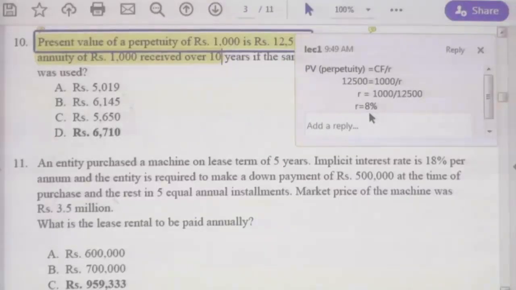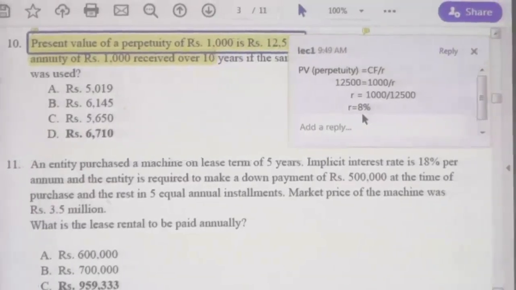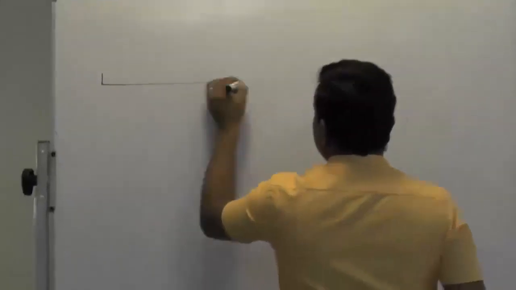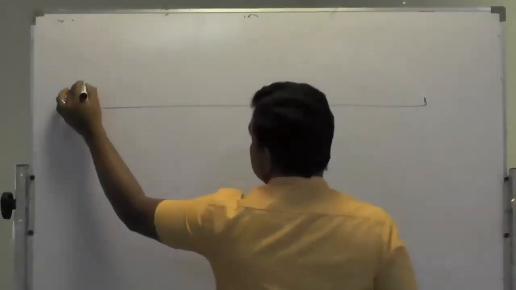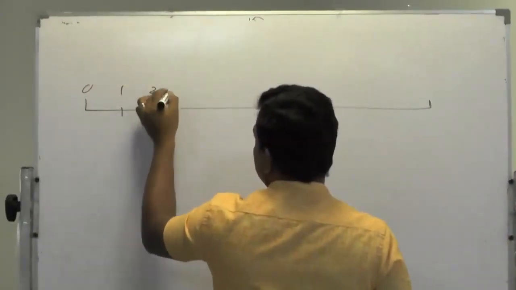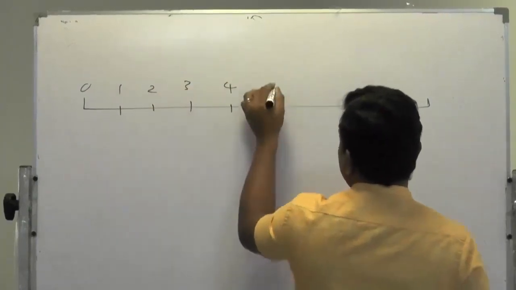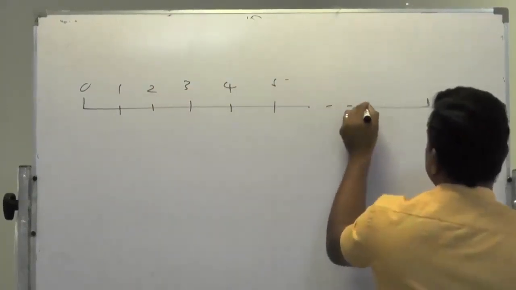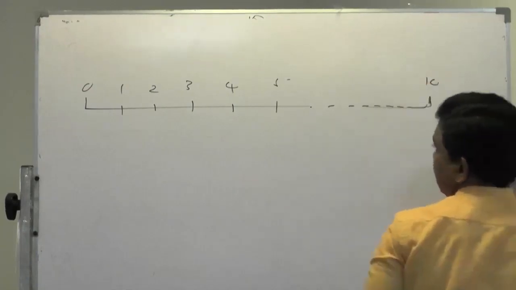Let us see on the whiteboard. Now, they ask you to consider over 10 years, right? 0, 1, 2, 3, 4, 5, like that you will go up to 10.